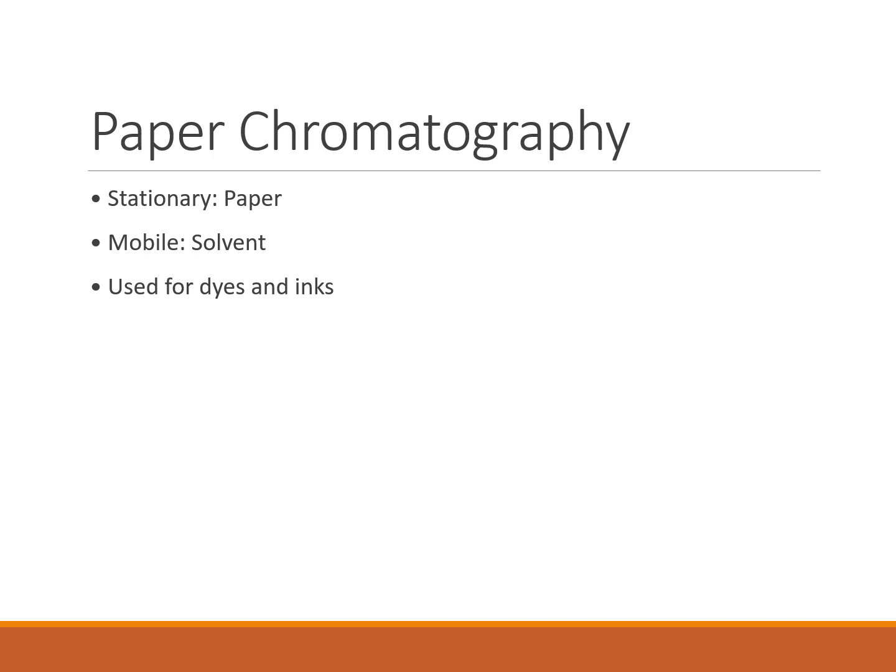So paper acts as the stationary phase and the solvent acts as the mobile phase. It is commonly used to separate dyes, inks and amino acids.